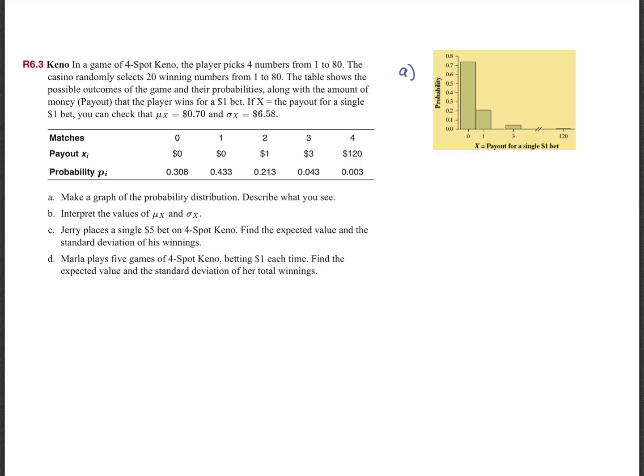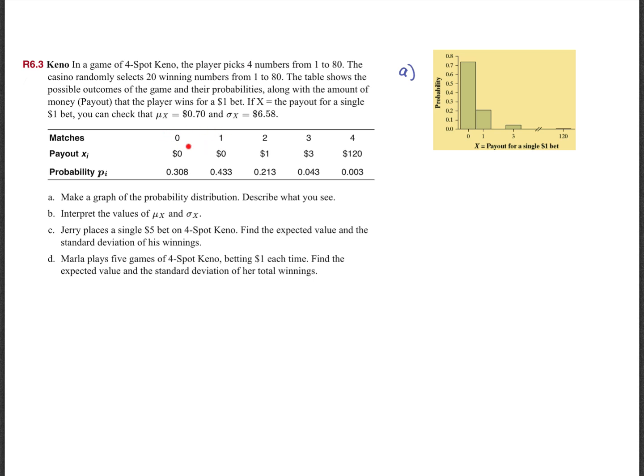Okay, let's start. So first, they say to make a graph of the probability distribution. So I just took that from the solutions, and the main thing to notice is the values of the variable go on the bottom. We had 2 payouts that were the same, and those are 2 possible values of X that are the same.